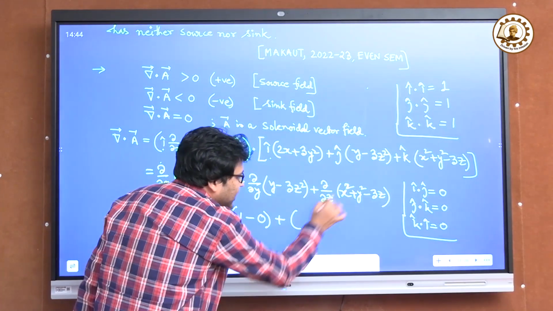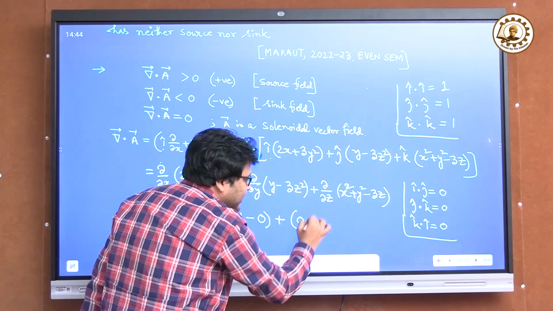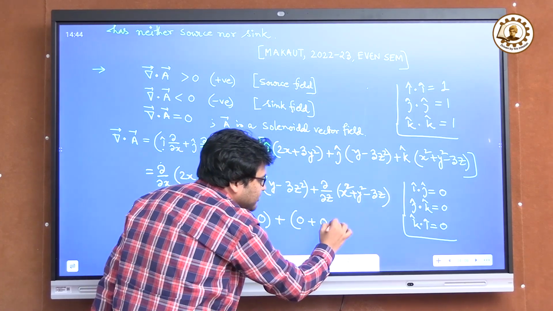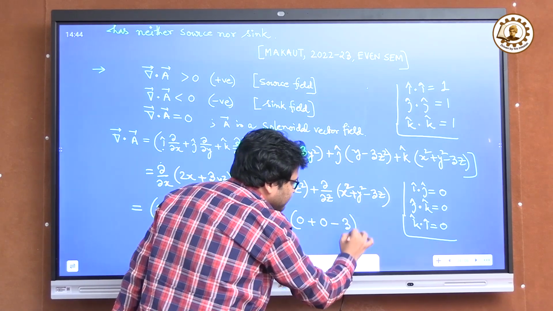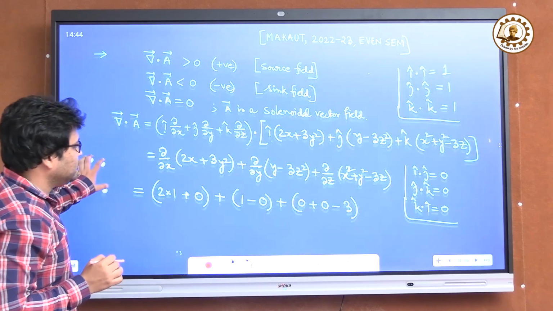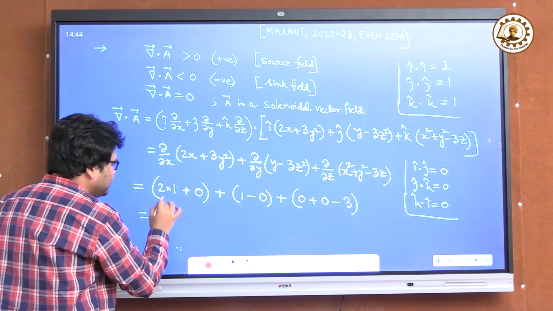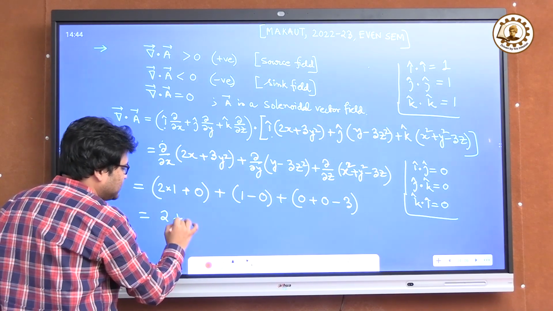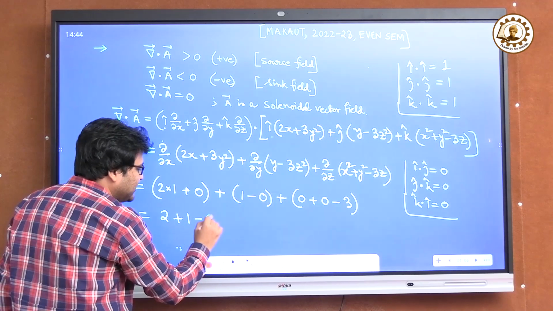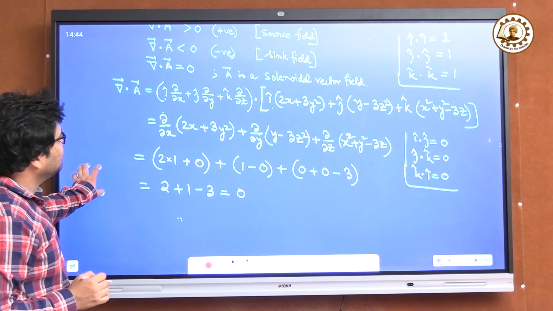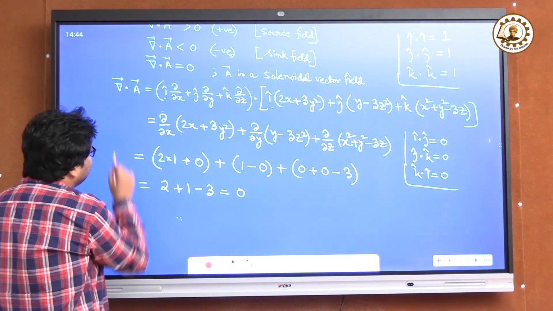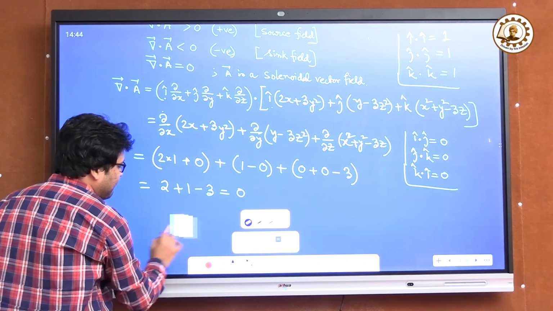So the first term becomes 0, the second term becomes 0, and in the third term we have minus 3z, so it simply becomes minus 3. So if we simplify this, we have 2 plus 1 and minus 3. So that results in 0.